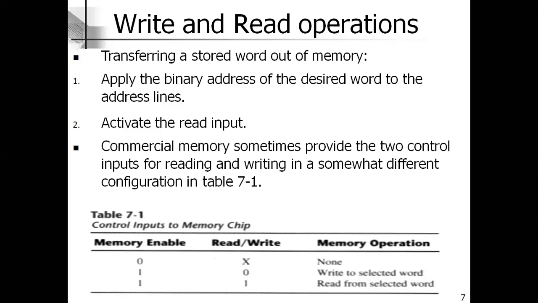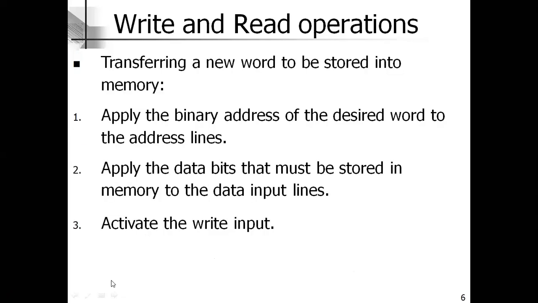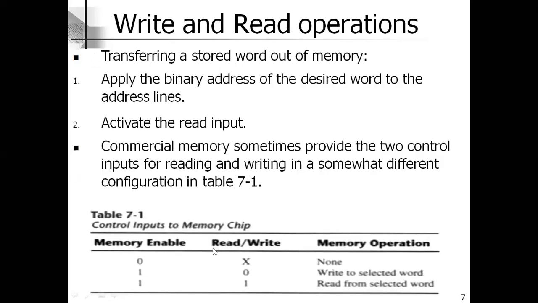If it is 0, it will write the selected word into the memory. Read/write equal to 1 means it will perform the read operation, that means reading some data from the memory.